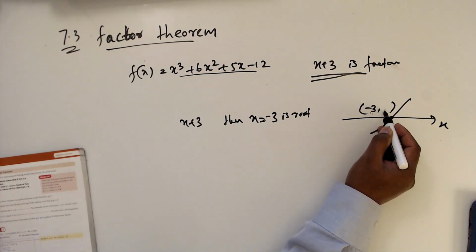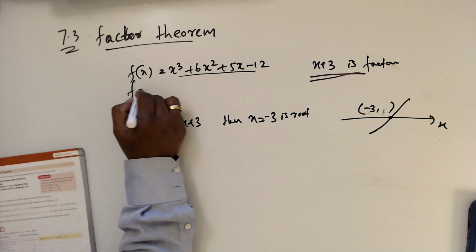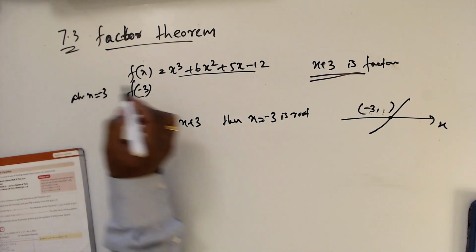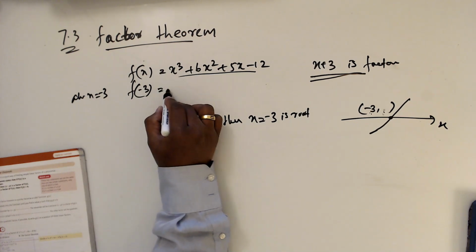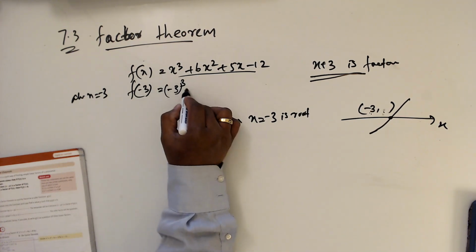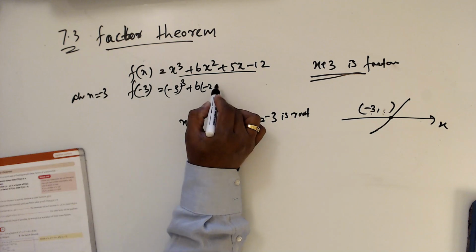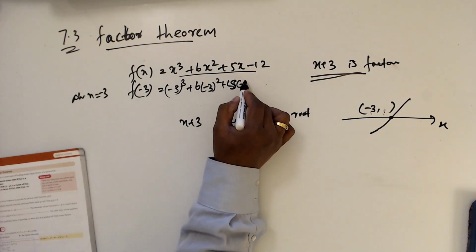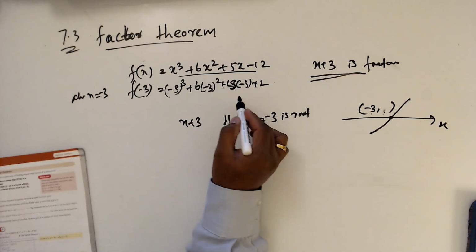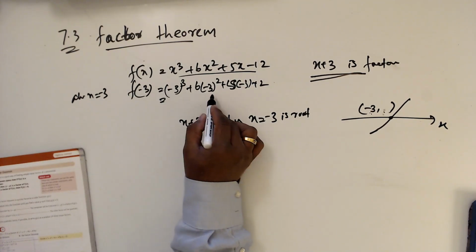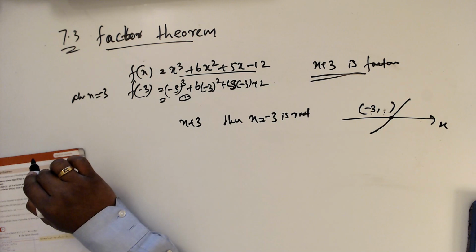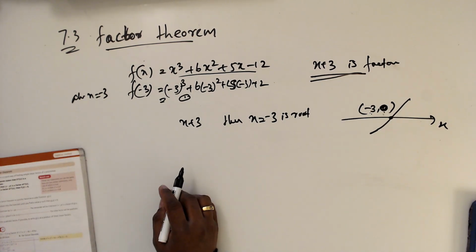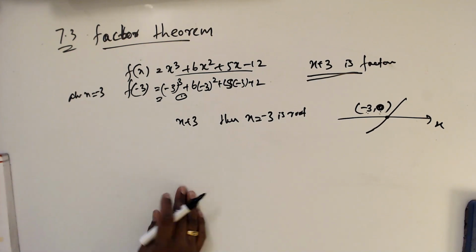We know y is 0, but we will show that when x equal minus 3, f(minus 3) equals minus 3 cubed plus 6 times minus 3 squared plus 5 times minus 3 minus 12. So when you simplify this one, your answer is 0. So now I summarize this one.